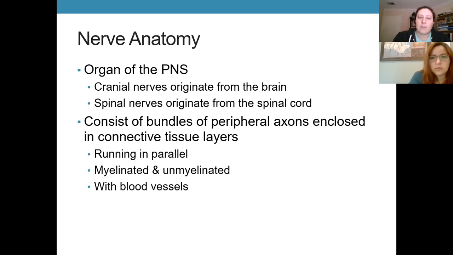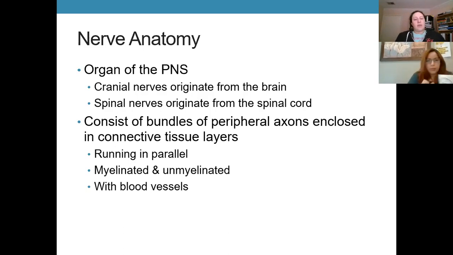So when we look at the generalized anatomy, we see that it's a whole bunch of axons running together, so they're running in parallel, and they're protected by multiple layers of connective tissue, which is very similar to how our muscles are organized.